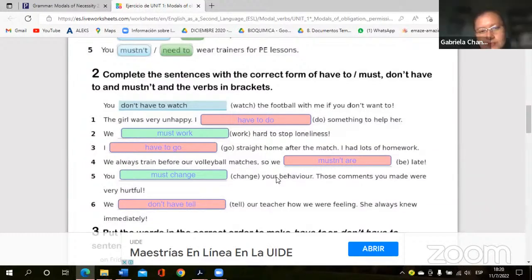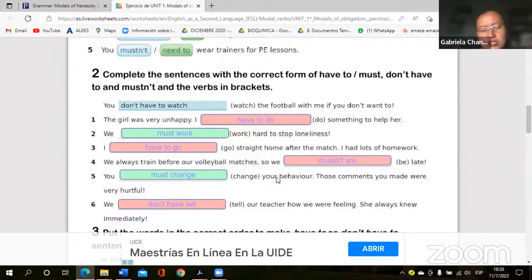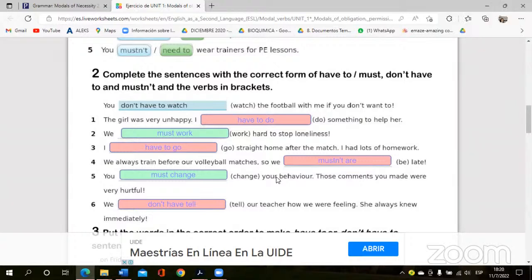The girl was very unhappy. And the correct way has to be, I had to do. Yes, I had to do. In number 3, it is the same because in the complement we are using a simple past. I had lots of homework. Okay, so it was the same, had to go.